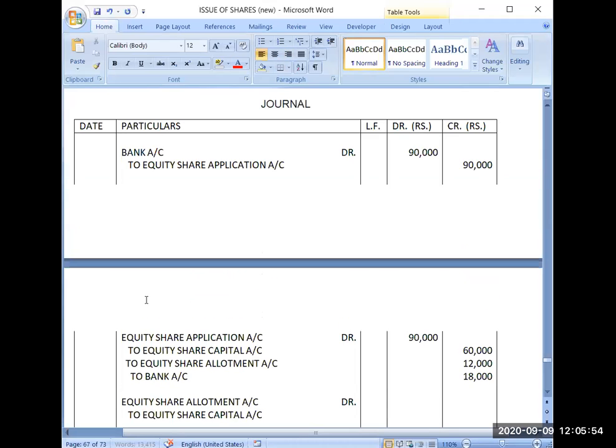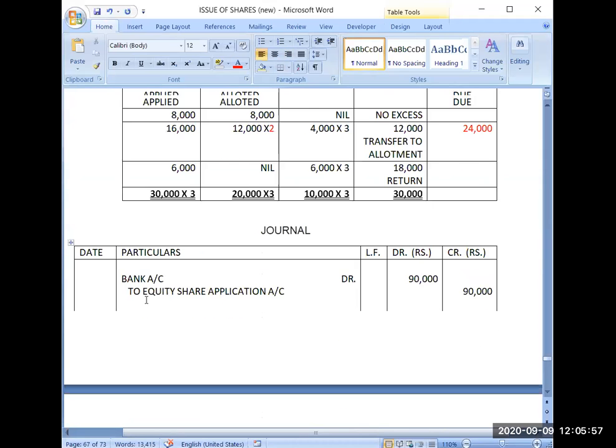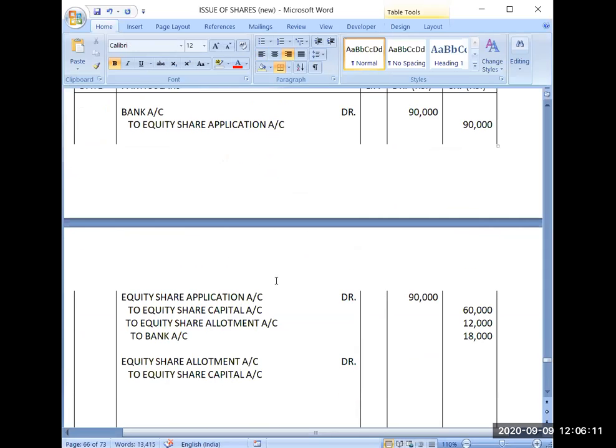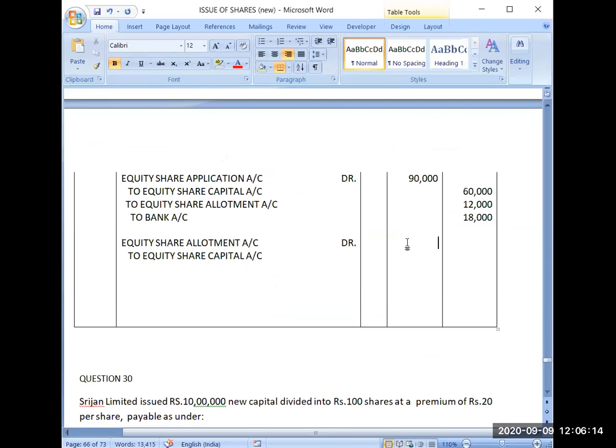This time we are issuing shares at par, we are not issuing at premium. So now see, this number of shares you have allotted, 20,000. So allotment money will also be due only on this number of shares. 20,000 into 2, 40,000. Yes, please. This one is clear.